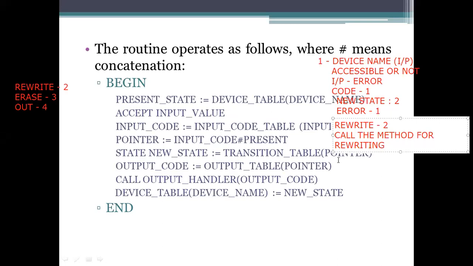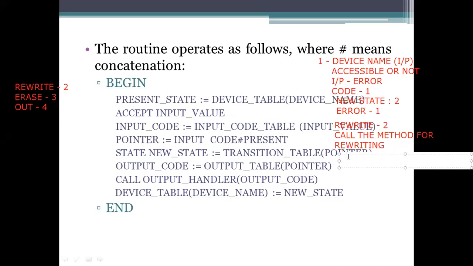Okay. Now specify what is the new state here? Device table has to be updated. So here device table's state is equivalent to the new state, which is 2 here. Okay.